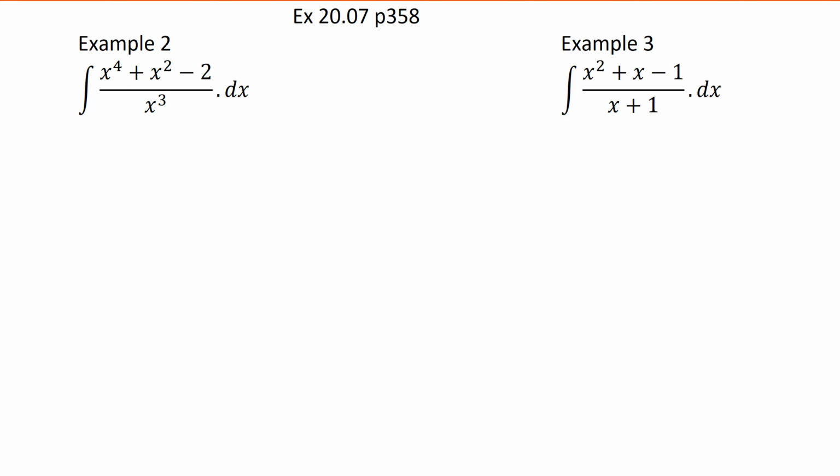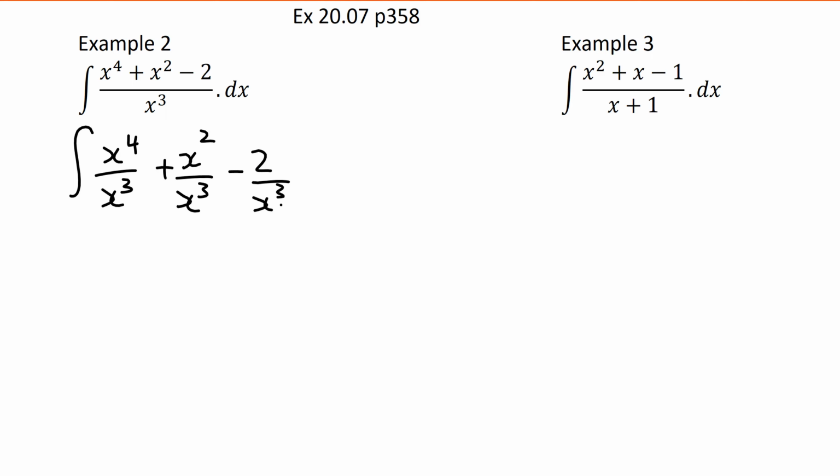Here's another couple of examples. What would you do around this one? You can do synthetic division here, or you can actually just go, this is now x to the power of 4 over x to the power of 3 plus x squared over x to the power of 3 minus 2 over x to the power of 3, all with respect to x.